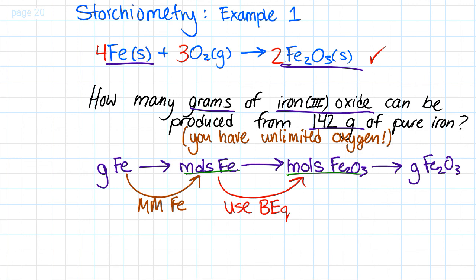You use the molar coefficients, which are the big numbers in front. That's what's going to get you from moles of one thing to moles of your other thing. And then once you are in moles of that new thing where you are heading towards, you're almost there, because then you got to go from moles to grams. And to go from moles to grams, or from grams to moles, you use the molar mass again. In this case, we're using the molar mass of Fe2O3.